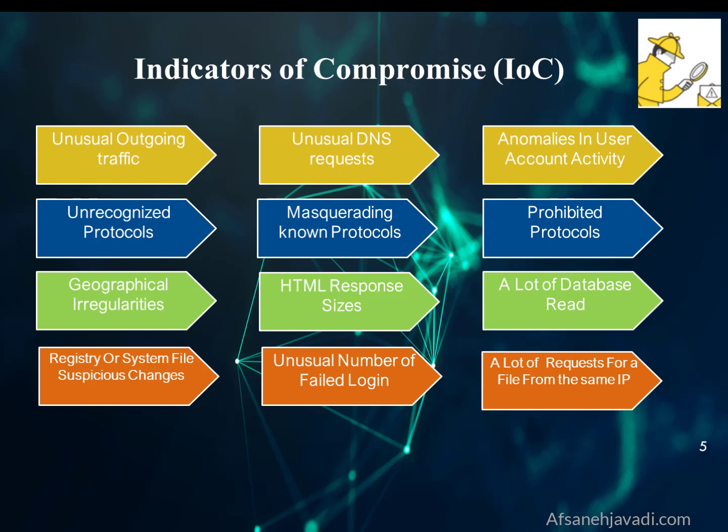The next indicator: unrecognized protocols or unrecognized ports. In network communication, well-known ports identify the application and protocols used for the traffic on that port. Usually malware uses unknown ports. Analyzing traffic that originates from unknown ports or non-allowed ports can give you some clue about a potential threat.